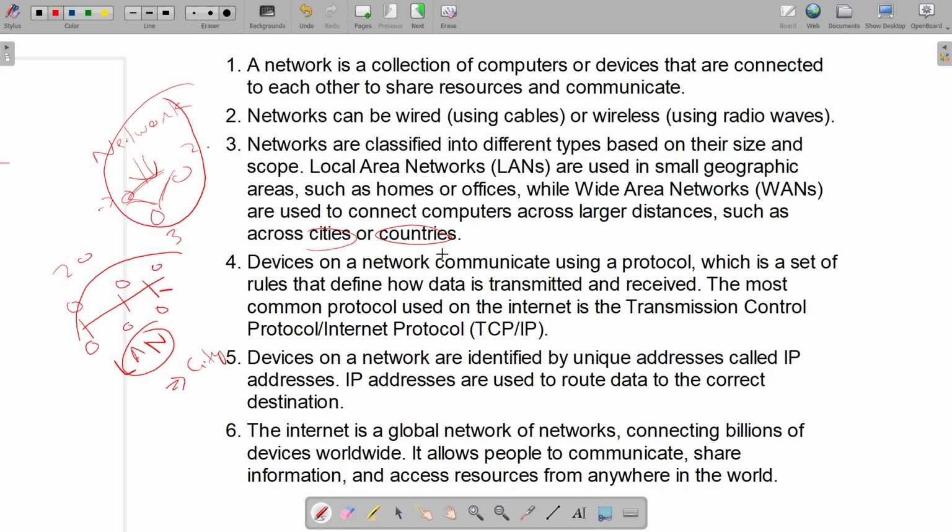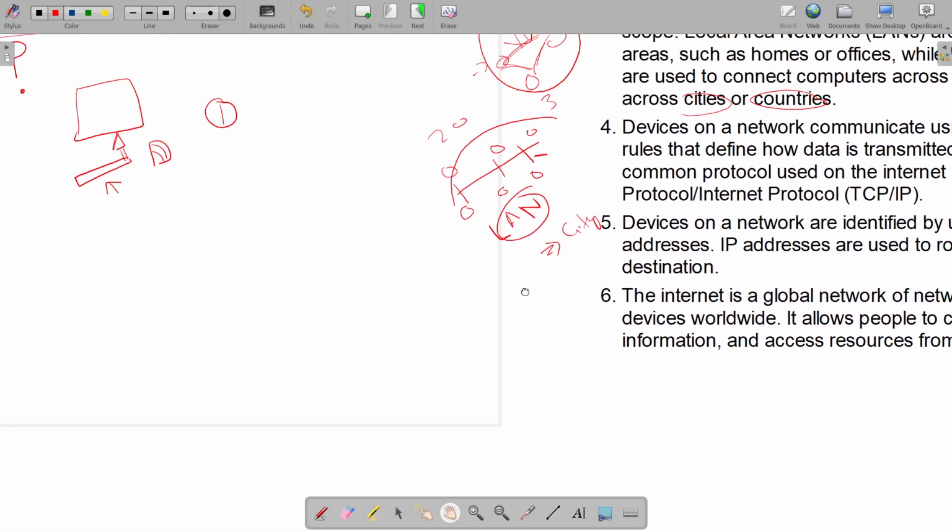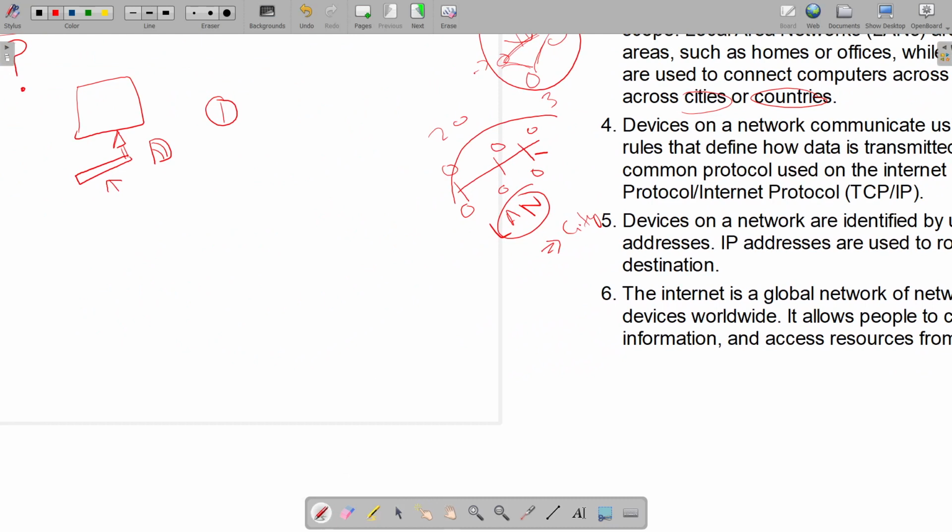Okay, what does that mean? First of all, let's understand what does that mean. So if a device is, let's say this is device A, and we have device B. For example, let's imagine A is a person who knows English, and B is a person who knows Hindi.